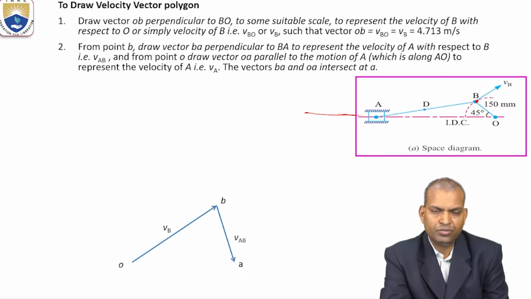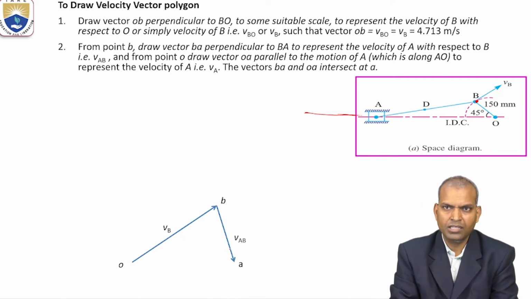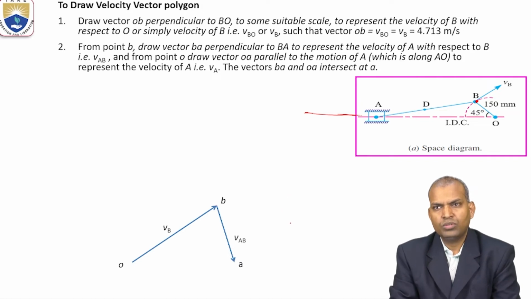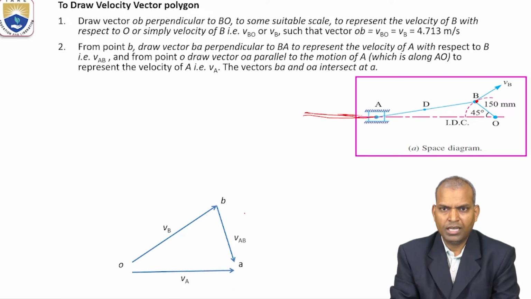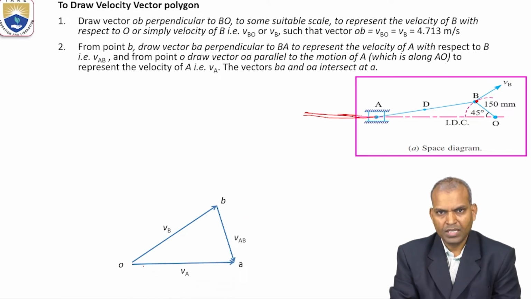Then the third step is to draw parallel to the linear motion of the slider. The velocity vector is parallel to the motion. That line is OA, and OA and BA intersect at point A.